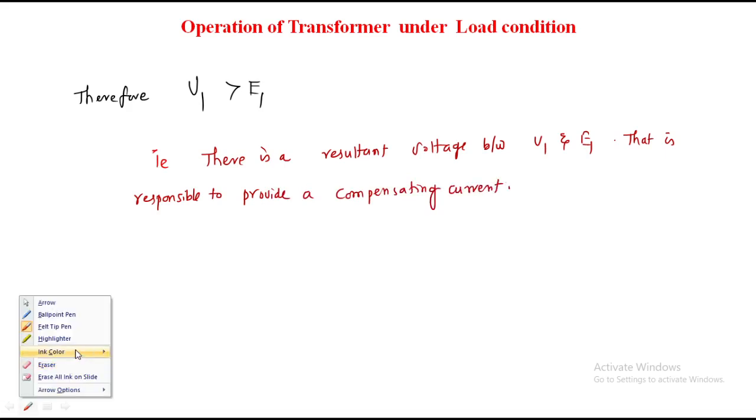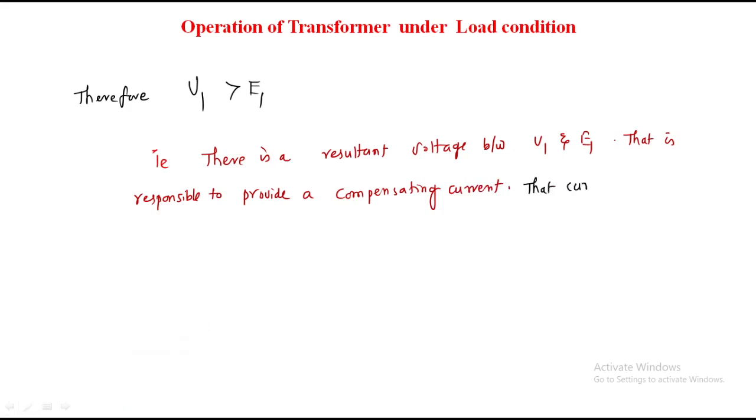That current is called the load component of primary current, that is I1 dash.